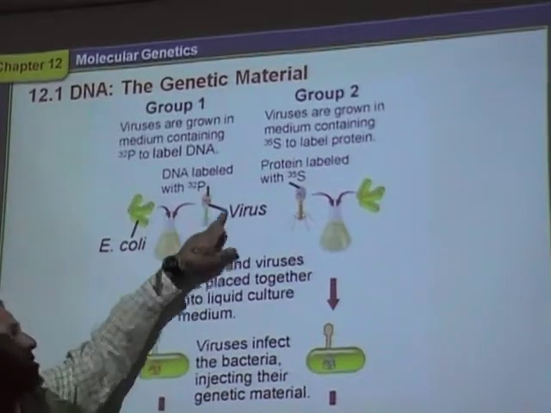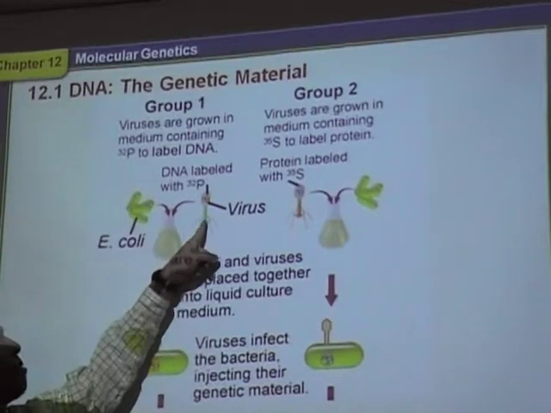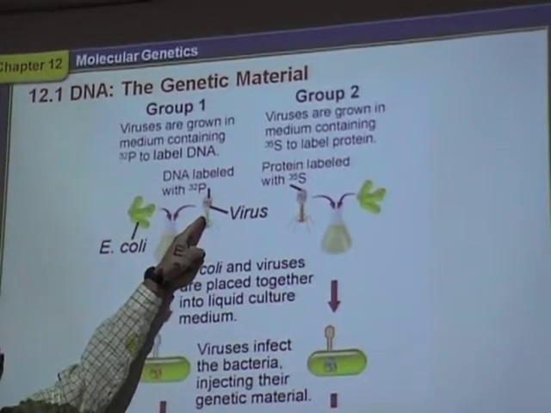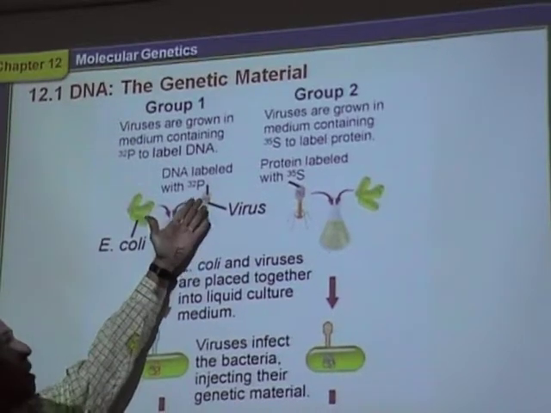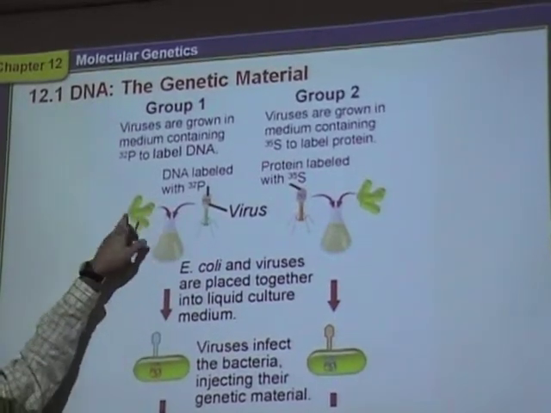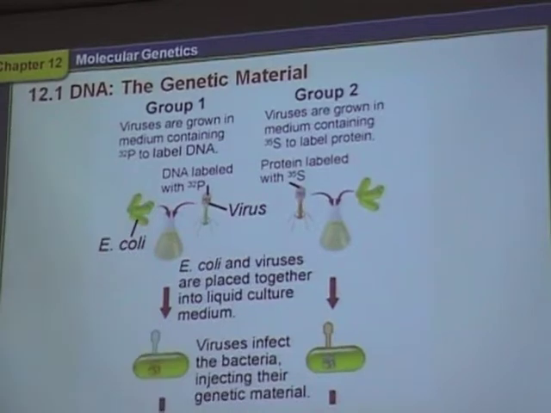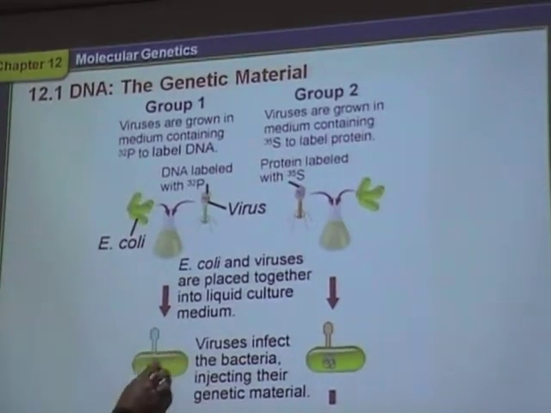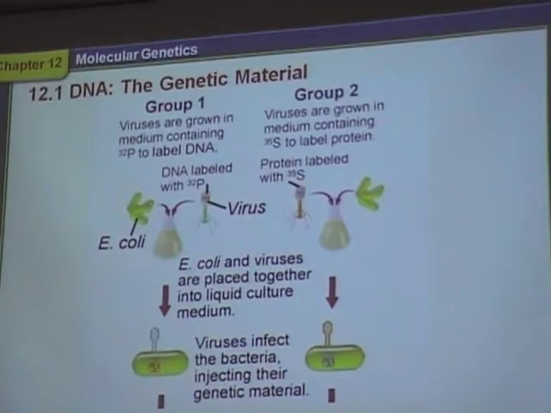Scientists knew that viruses were made of two things. They were made of protein and they were made of DNA. Which one was being passed into these E. coli? What would happen is they'd mix the virus in the E. coli, and the E. coli would make more viruses.